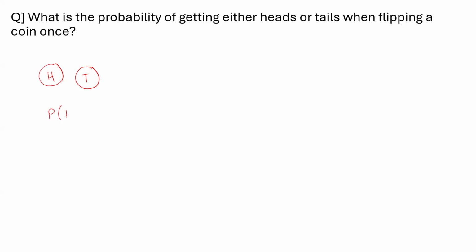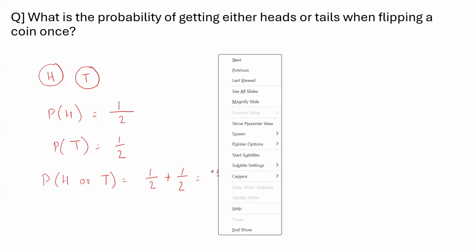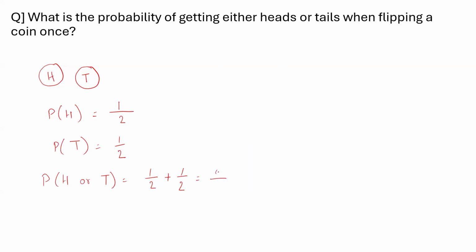Compute the probability of getting a head. So if you flip one coin once, how many heads can you expect? Just one. And how many total outcomes? It is 2. The probability of getting a head is 1 by 2. Similarly, the probability of getting a tail is again 1 by 2. So now the probability of getting a head or a tail is 1 by 2 plus 1 by 2.